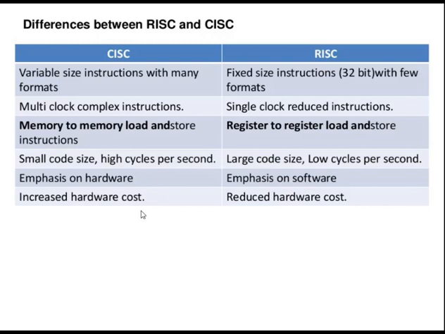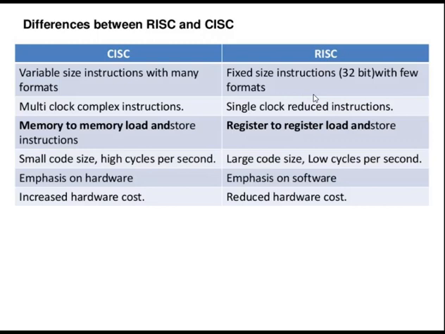In RISC, as the word says, it is reduced, so there is reduced hardware cost. In CISC the emphasis is on hardware, here it is on software. A variable instruction set with many formats is seen in CISC. Then a fixed 32-bit instruction set with only a few formats is observed in RISC.